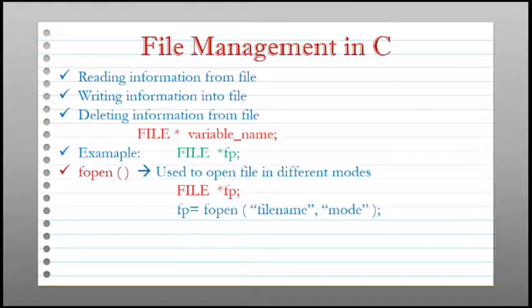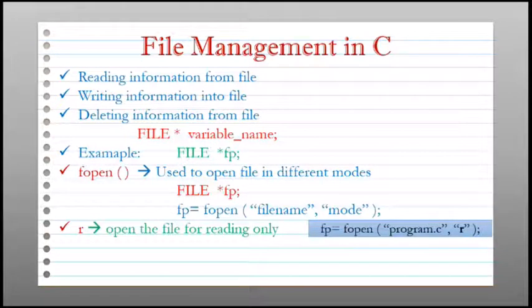There are different modes that you can use while opening a file. The first one is r. r opens the file for reading only. When you write r in double quotes as the mode, then you can read only the content which is present in that file. This is the example.